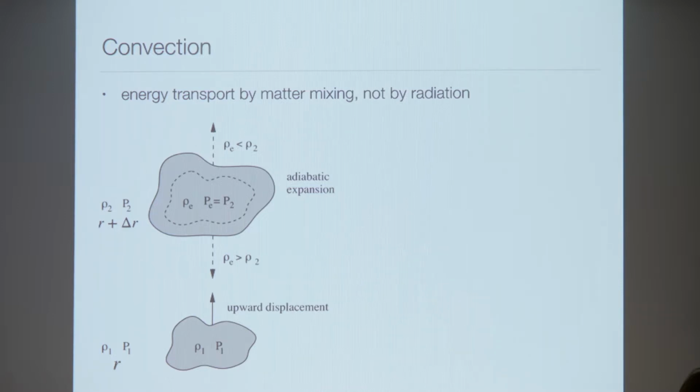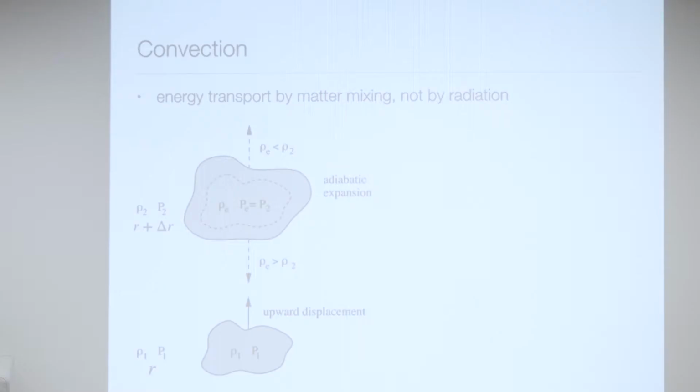Let's think about this. At some radius, there's some material which has a density of ρ1 and a pressure of P1. Suppose this part of the material in the star went up, and its density and pressure changed. The original density at this upper radius was ρ2, and the pressure was P2.